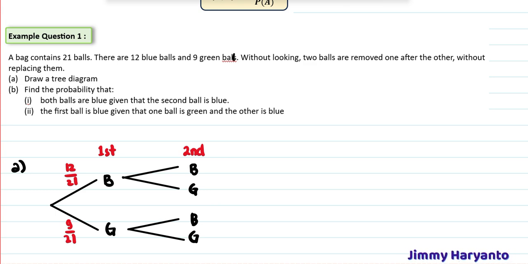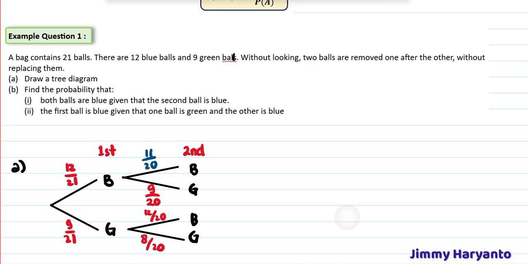So after you get the blue, for the second blue it will become 11 over 20. For the second green, it will be the same number of green, which is 9, but the total will be only 20. For this one it is 12 over 20, and for this one it is 8 over 20 because we already took one green.